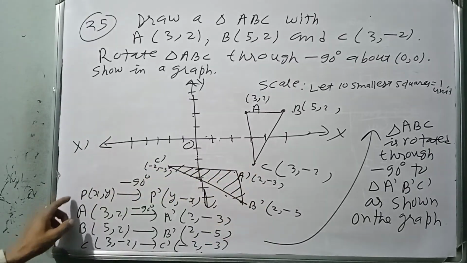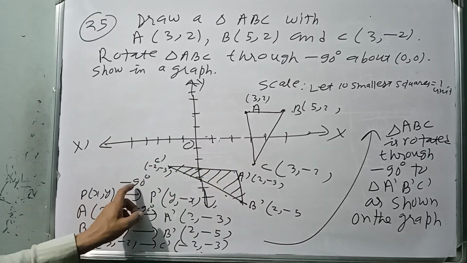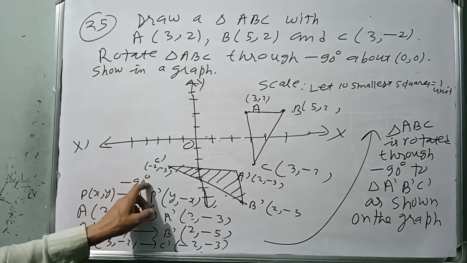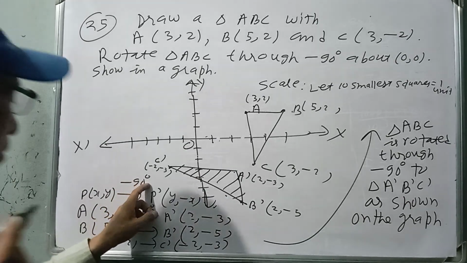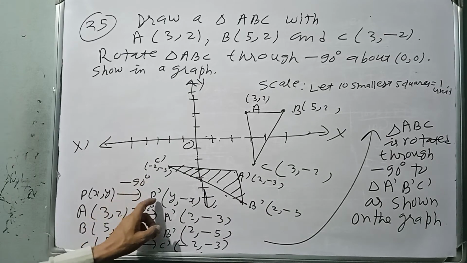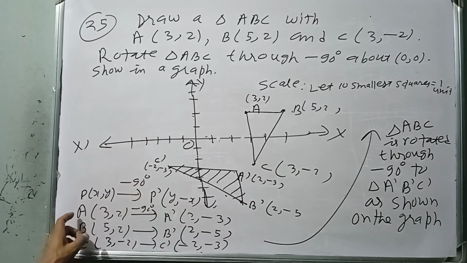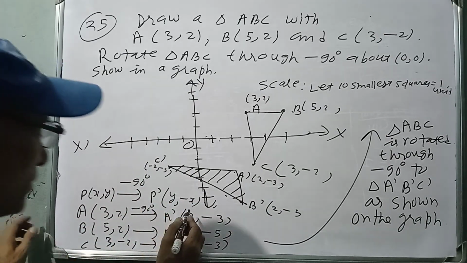First of all, rotate. We know P(x,y) under minus 90 degree means clockwise or negative quarter turn, P'(y,-x) हुन्छ. (3,2) to (2,-3), (5,2) to (2,-5), (3,-2) to (-2,-3).